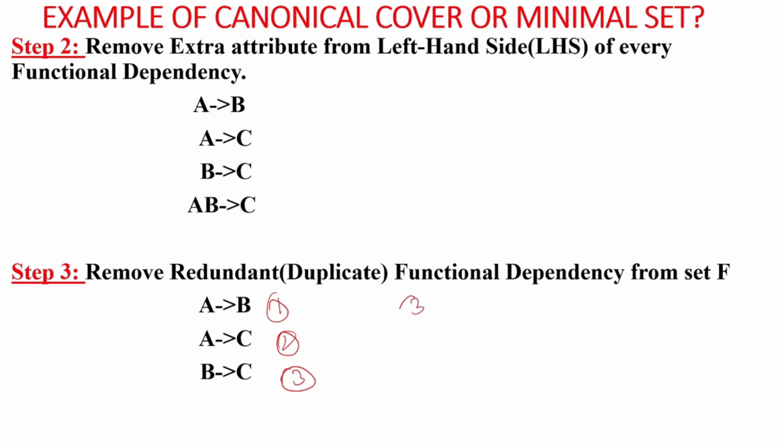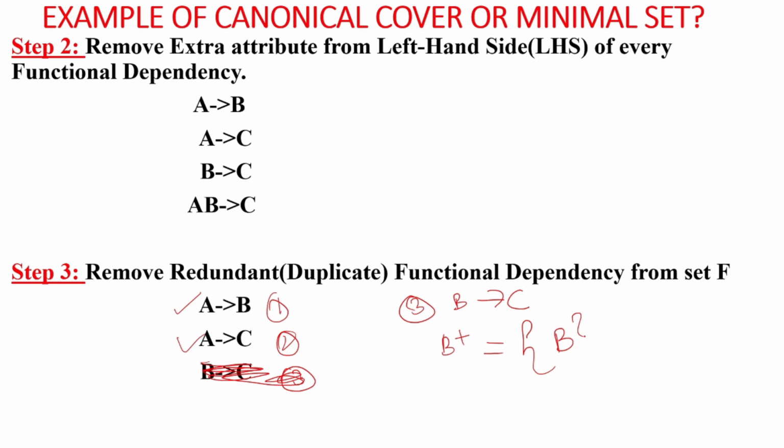Now the third FD is B tends to C. So for B tends to C, you find B's closure. When you find B's closure for the third FD, don't consider the third FD. Only consider FD number 1 and 2. Now in B's closure, B will be there only. Check whether B is determining anyone else. No. If you see FD number 1 and 2, B is not determining anybody else. Only A is determining.